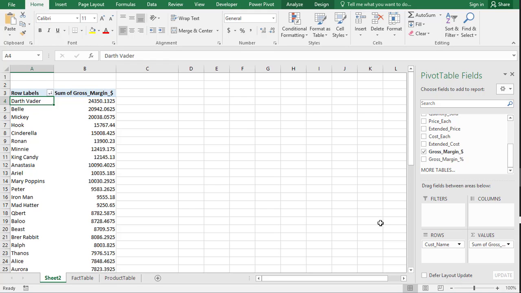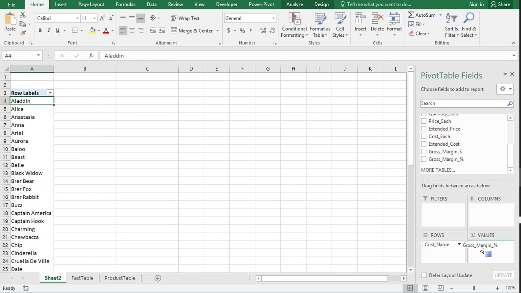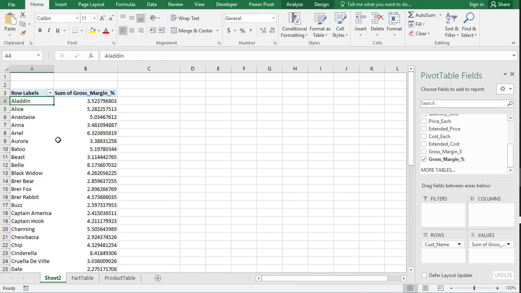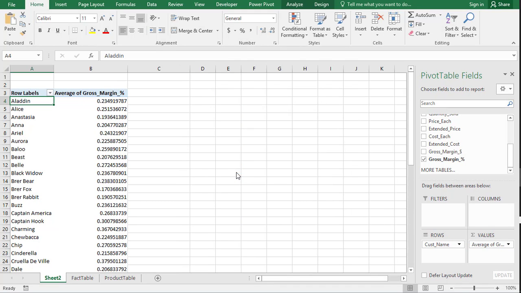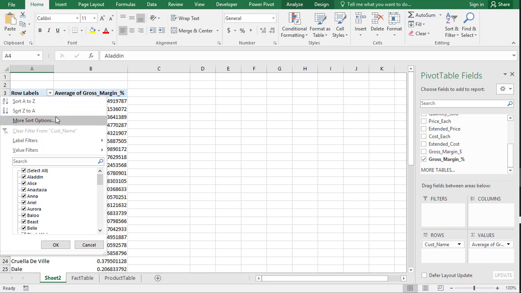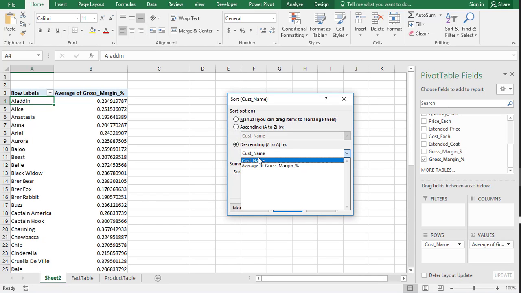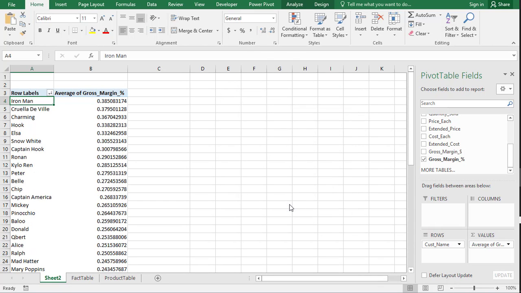Now, if we were to do something along the lines of average margin, because it doesn't make sense to have total margin there. If we were to do average margin, Iron Man has the highest average margin. Where is Vader?